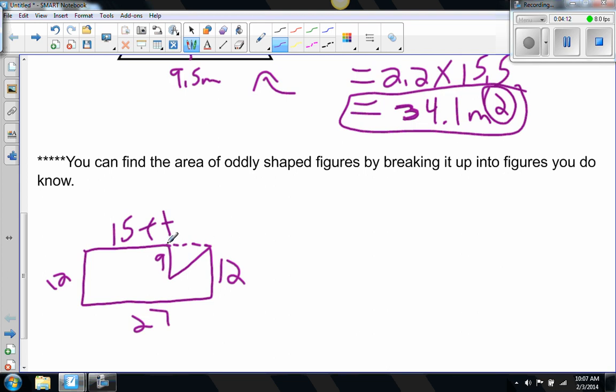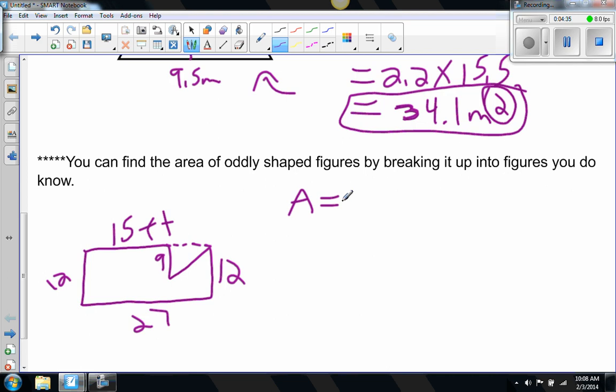If this line was here, if it wasn't missing, I would have a rectangle. So this whole thing from here all the way to here is 27 feet, and here to here is 12 feet. So don't you suppose I could take my 12 times my 27, find the area of this whole rectangle, and then just subtract this little chunk. That should work.